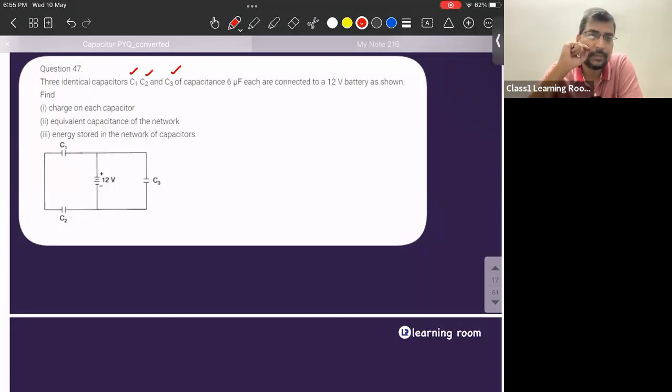The first thing that we need to find is the charge on each capacitor. Second is to find the equivalent capacitance of the network. Third is to find the energy stored in the network of capacitors.